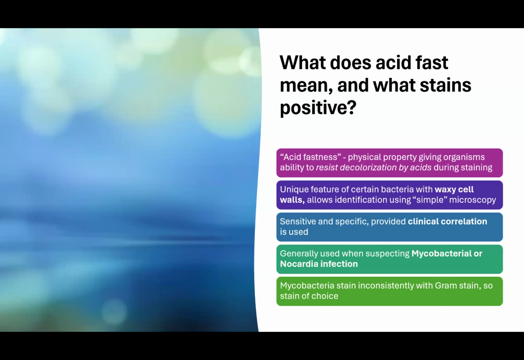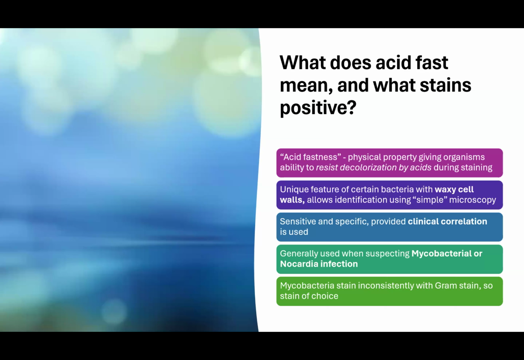So just to cover again for anyone who doesn't recall all the details, what does acid fast actually mean, and what stains positive as acid fast? Acid fastness is a physical property of an organism because of its waxy cell wall that makes it hold on to its color in the face of being exposed to an acid alcohol.